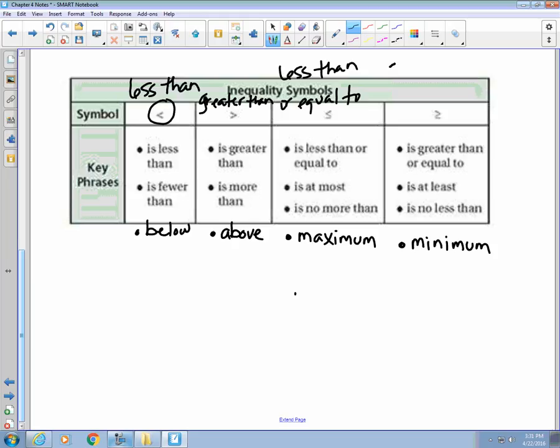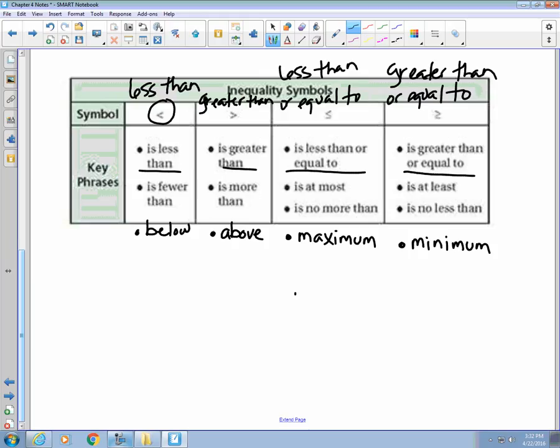Sorry. And this one is greater than or equal to. All right, you should be familiar with these, but if you're not familiar with them, please make sure that you go back and study this little chart here so that you're able to identify these whenever you see them. So again, I guess I didn't really need to write this stuff. It was right here in the table. Sorry. So less than, greater than, less than or equal to, greater than or equal to.